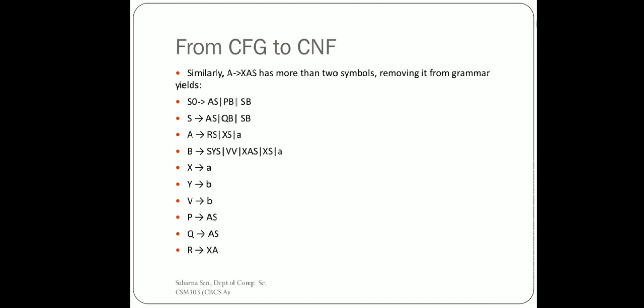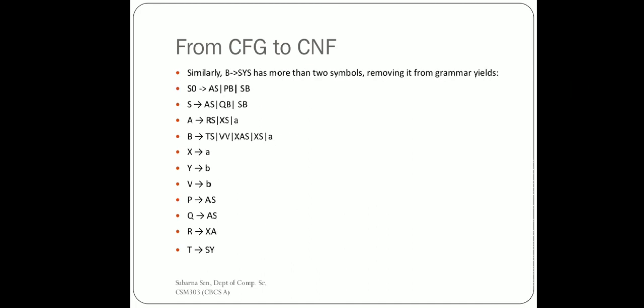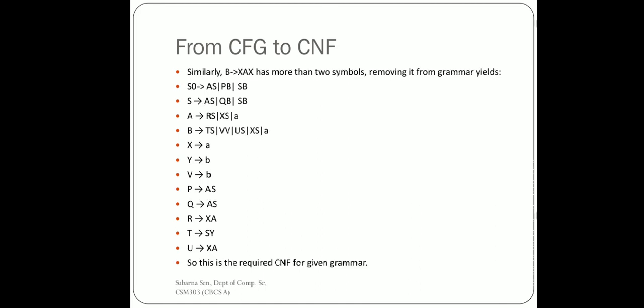In the next slide, B is deriving SYS, so in place of SY we have written T, so T should derive SY. Again, one more thing remains. T is deriving SY. Okay, this is done, and here again we are changing this one, U is deriving XA.